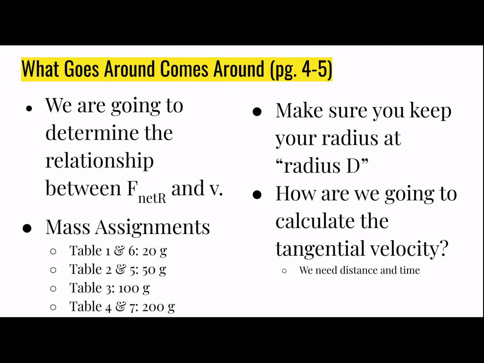So when I say tangential velocity, let's talk about that. What I mean is the velocity that is tangent to the circle that the object is moving on. So that basically just means the speed of the object and the velocity, the direction of it. And that tangential velocity will always be 90 degrees from a line drawn from the object along the radius.